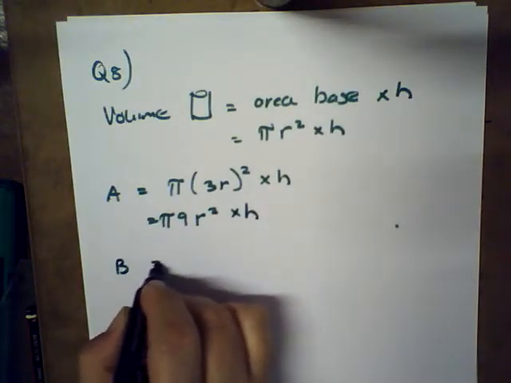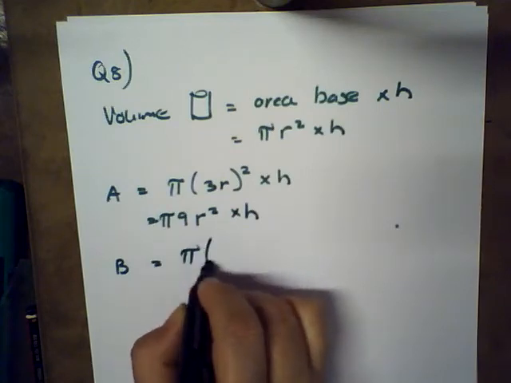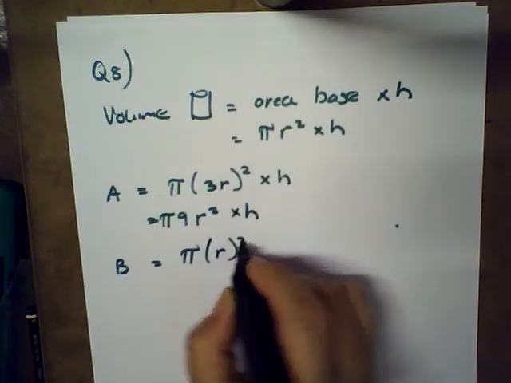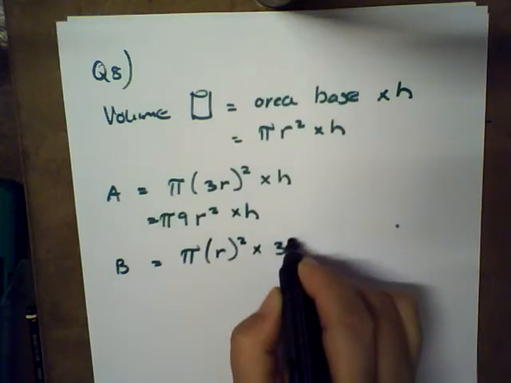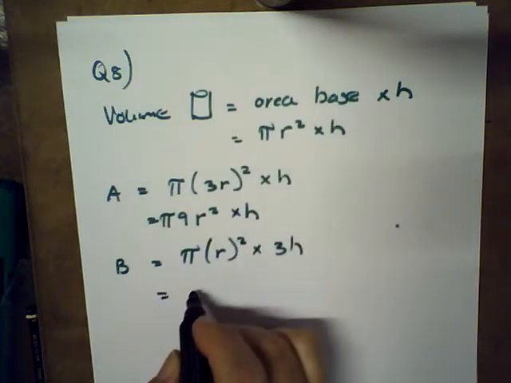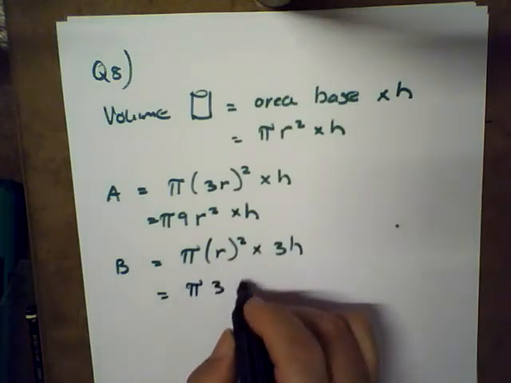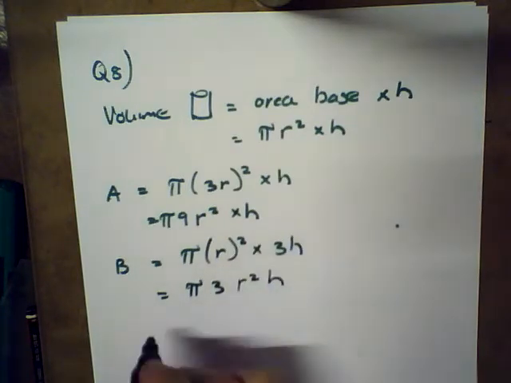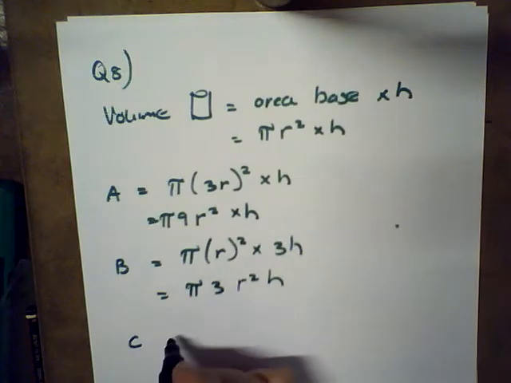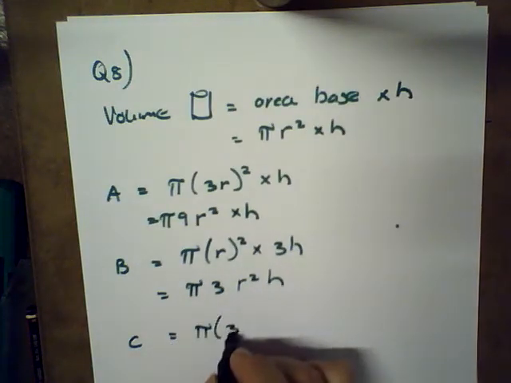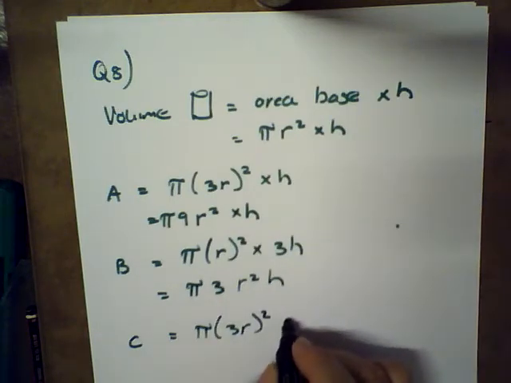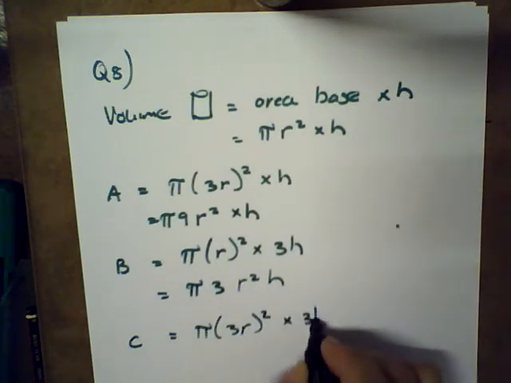Okay, so B would be pi, my radius is just r squared, and my height is 3h. That would give me 3 pi r squared h, and that is it. Okay, C: pi, my radius is 3r, and my height is also 3h.